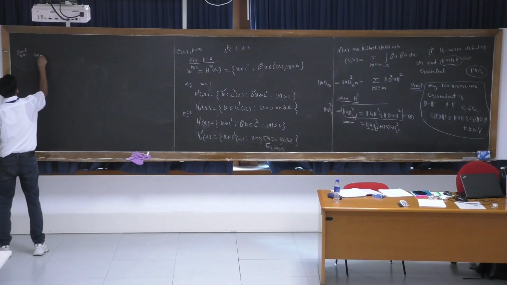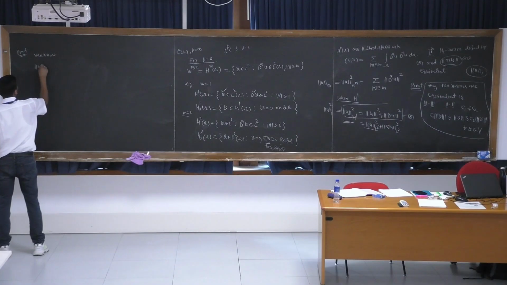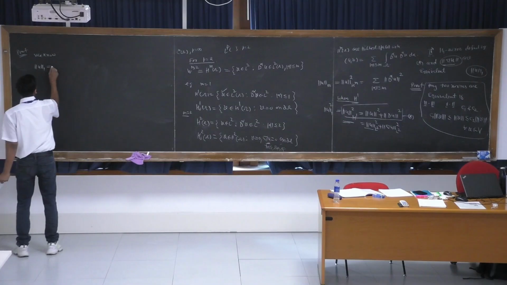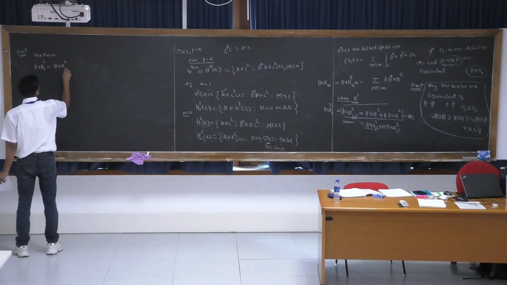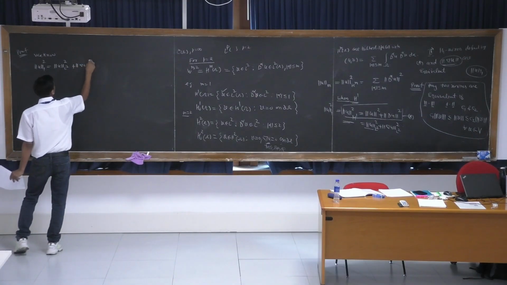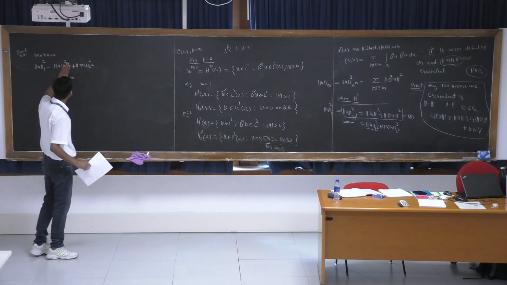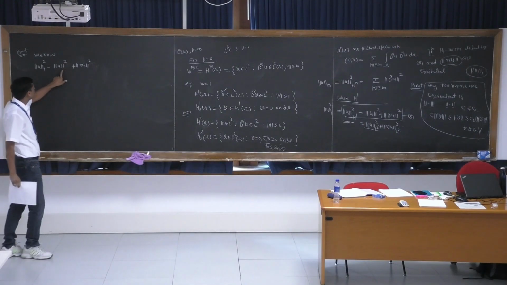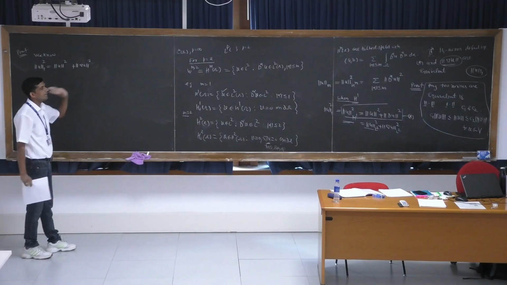We know the H1 norm of u squared is equal to the norm of u squared in L2 plus the norm of del u squared in L2. If I am not writing anything here, it means these are the L2 norms.